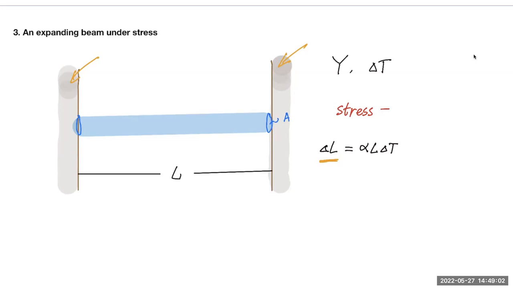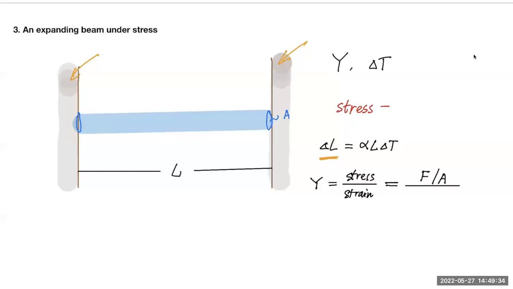We have to go back to the definition of Young's modulus. As you know, Young's modulus says Y equals stress over strain. You learned that in Physics 8A. Now, strain is delta L over L. Stress is the amount of force applied per unit area, the amount of force F applied to the rod per unit area.